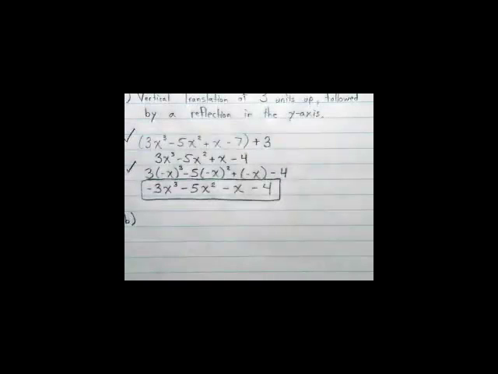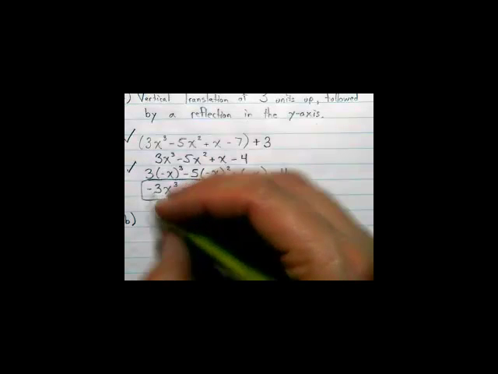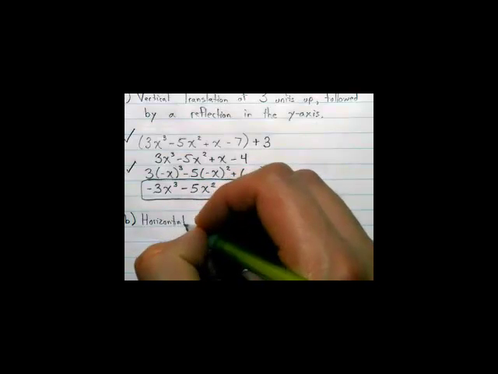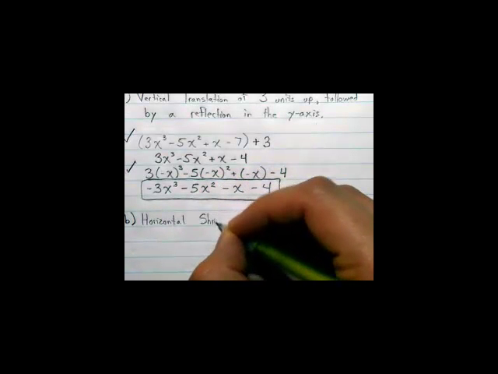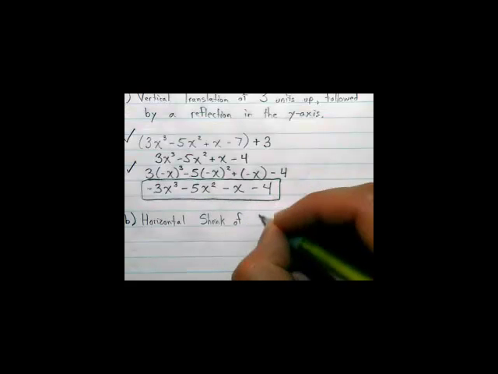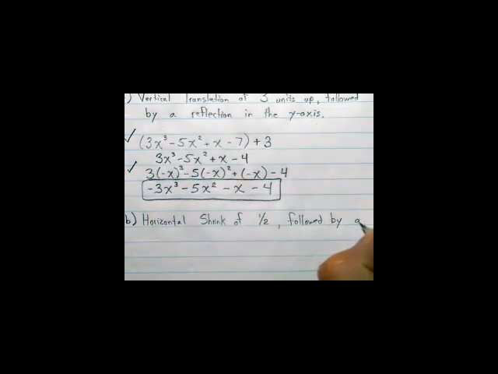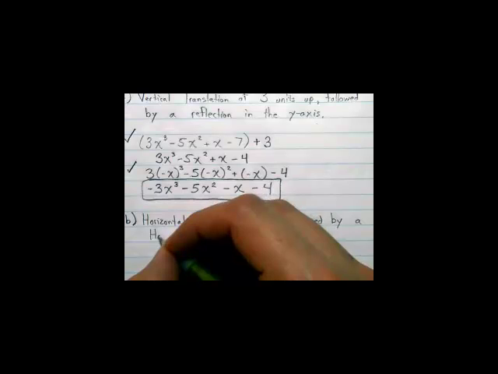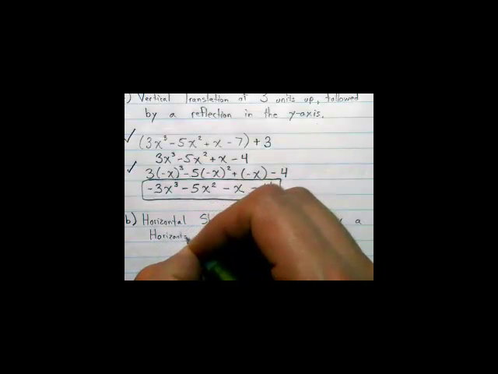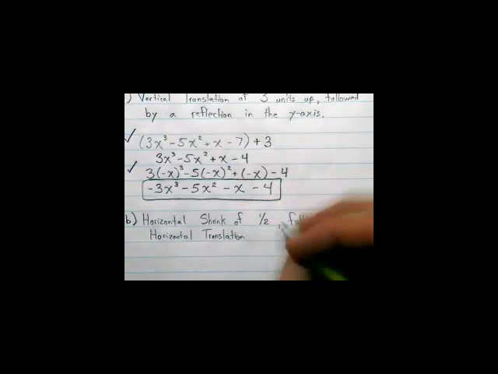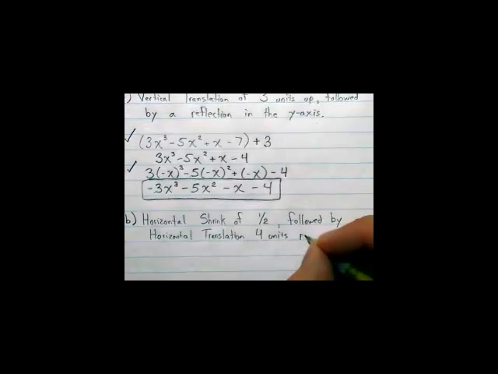So how about this time we do a horizontal shrink of a half followed by a horizontal translation 4 units to the right.